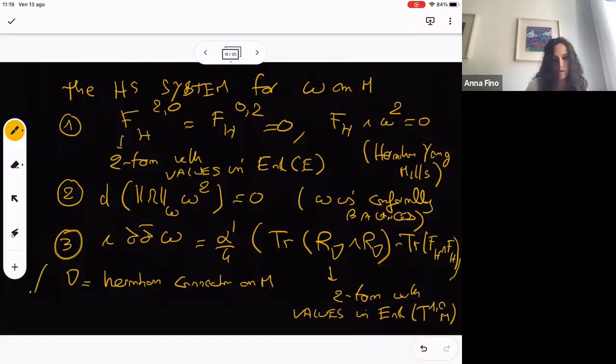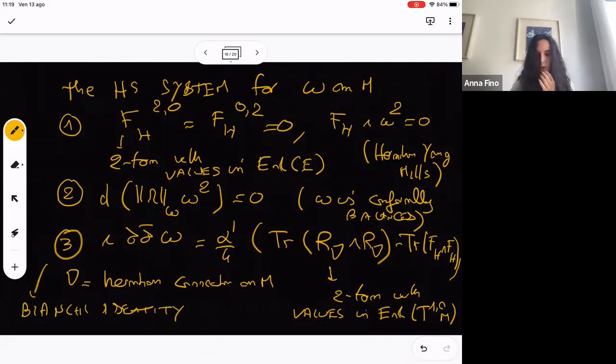This is what is called the Bianchi identity, or also called the anomaly equation. This is really the harder equation, and in some sense it is a curvature condition on your conformally balanced metric.